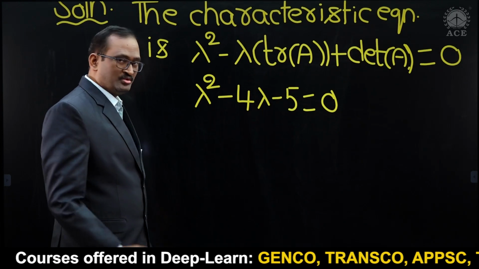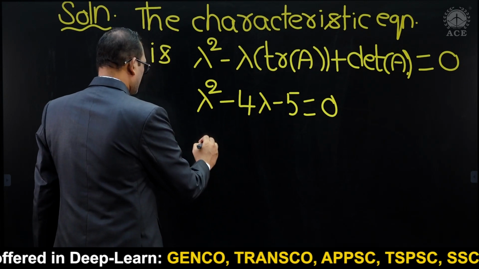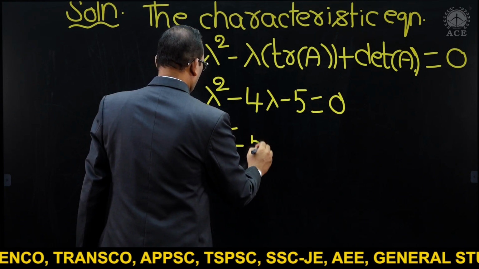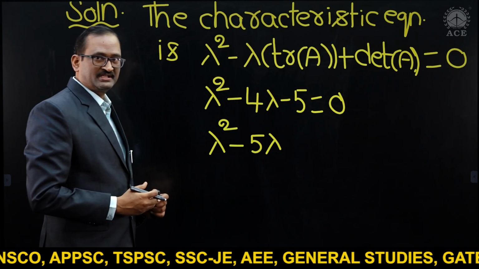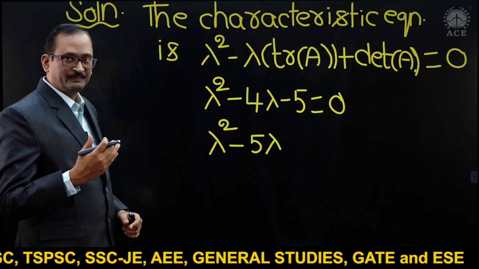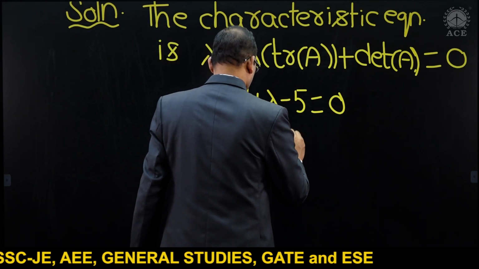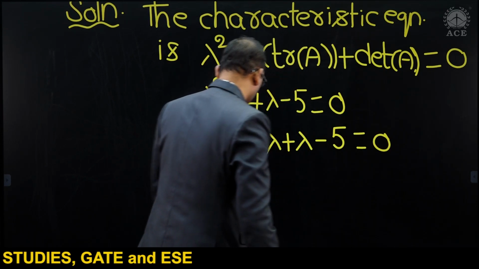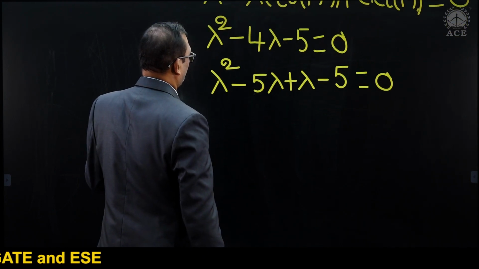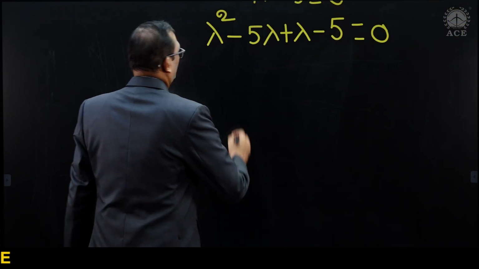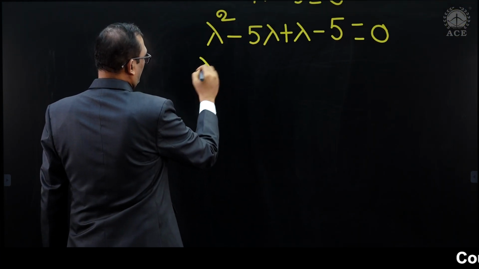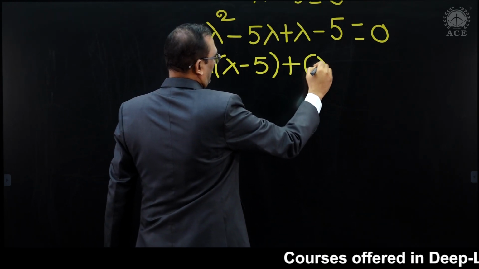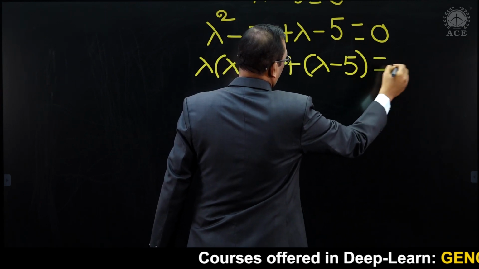What are the roots we need to find? This is lambda square. Minus 4 lambda can be written as minus 5 lambda plus lambda. Minus 5 is equal to 0. From these two, take out lambda common. So lambda into lambda minus 5 plus lambda minus 5 is equal to 0.